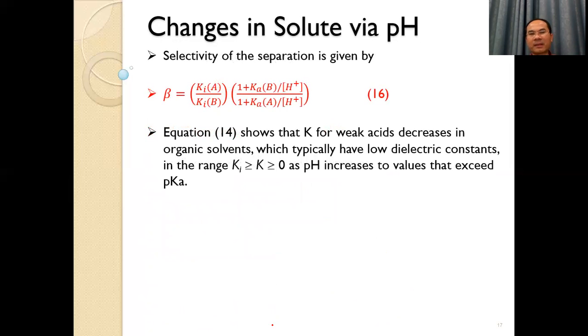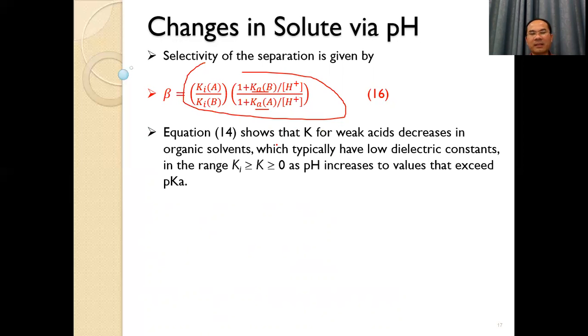And finally, how to know whether the separation is better or not, we can check this by the beta term. Beta is expressed as Ki of A divided by Ki of B. We compare between A and B solutes. It also depends on Ka and Kb and hydrogen ion.